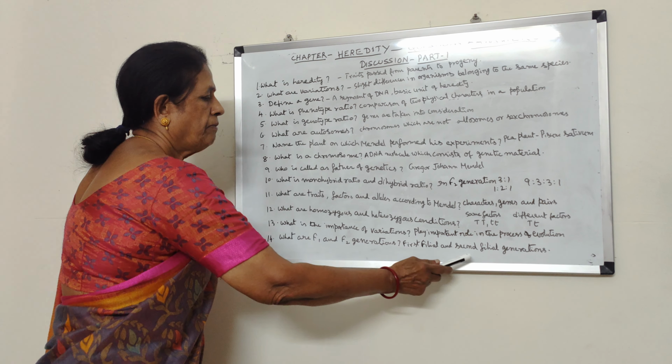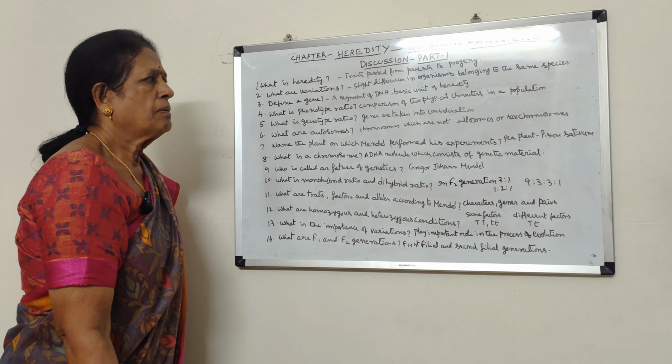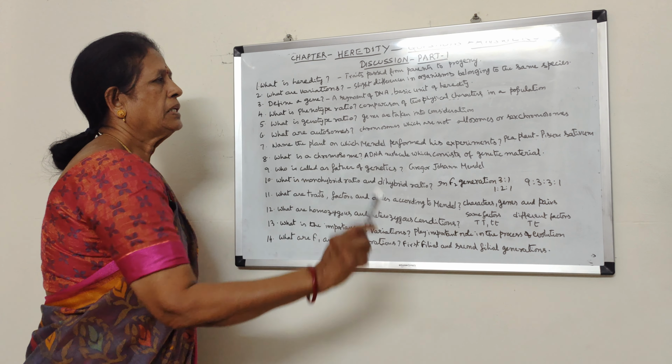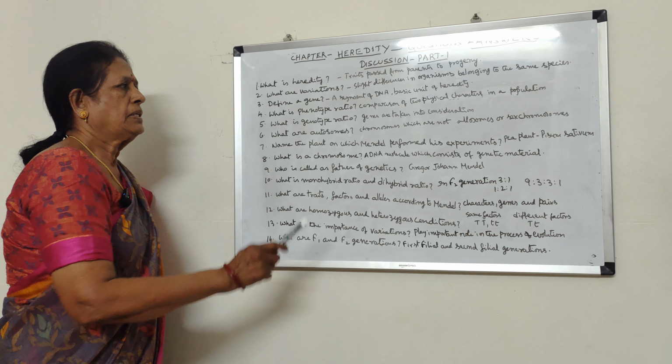So these are the important small questions and answers. Heredity means the traits which are passed from parents to offspring or progeny. Variations means slight or minor differences found in organisms belonging to the same species.